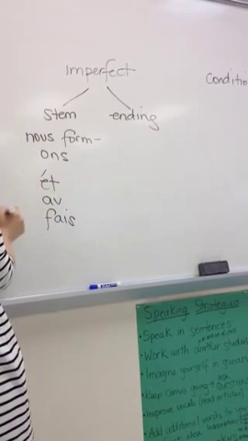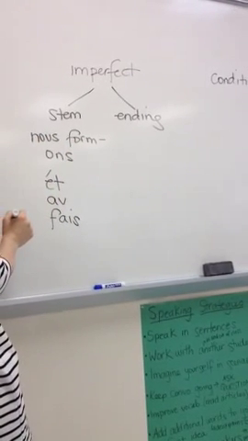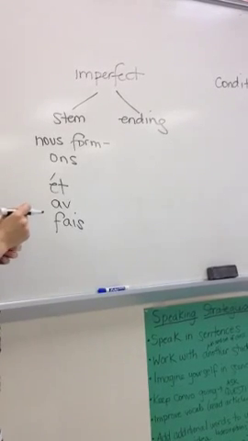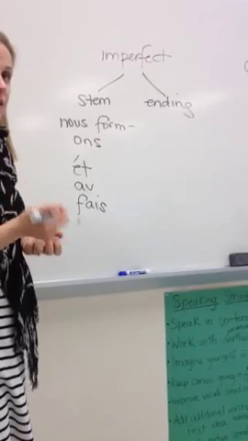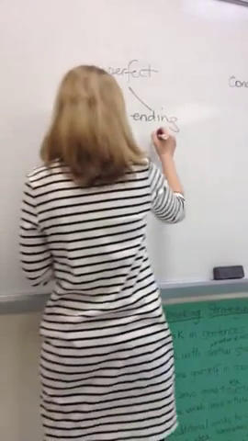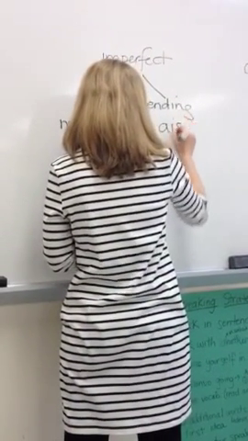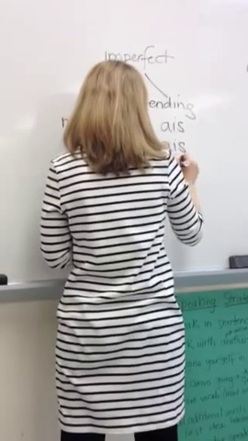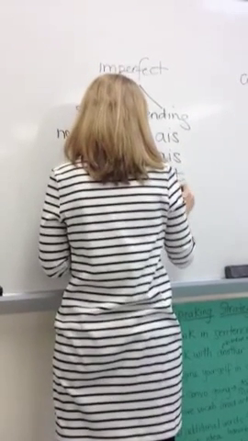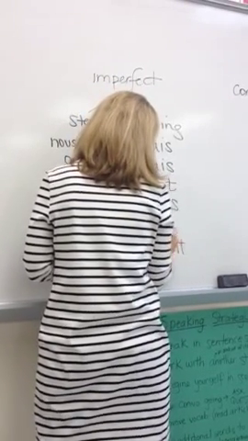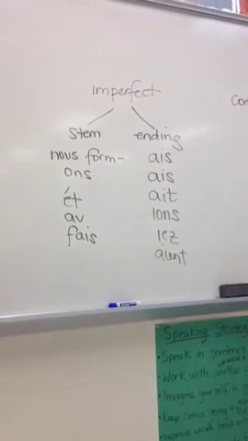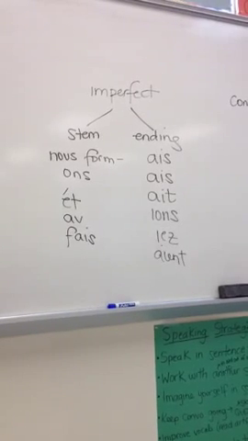But this would be the rule just in general. And what are the endings for the imperfect? ais, ais, ait, ions, iez, aient. So that's the imperfect.